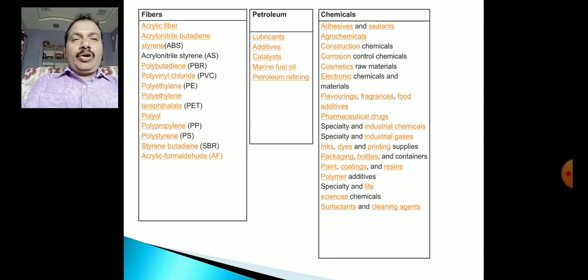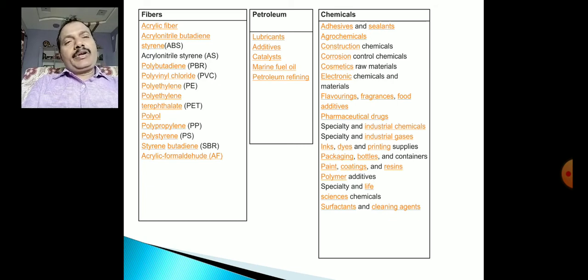Next, polyvinyl chloride PVC, polyethylene PE, polyethylene terephthalate PET, polypropylene PP, polystyrene PS, styrene butadiene SBR, and acrylic formaldehyde AF. So these are the fibers and polymers available from the petrochemicals.